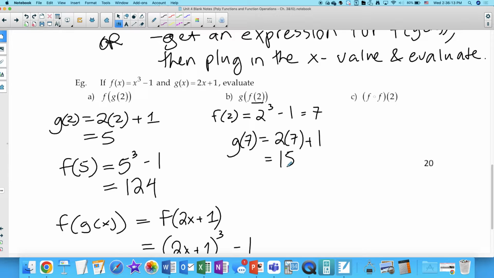Or f of f of 2. We just figured out f of 2, right? This is 7, so this is now f of 7, which is 7 cubed minus 1, so 342, I think.